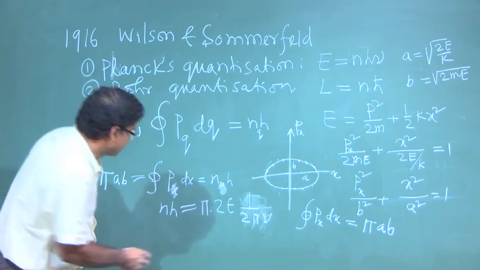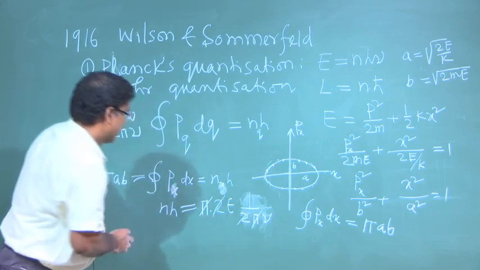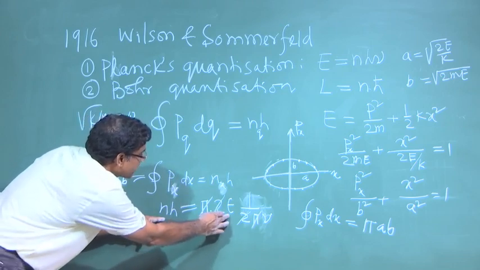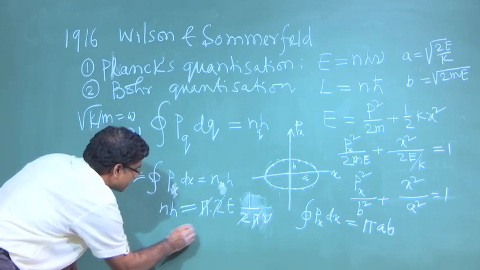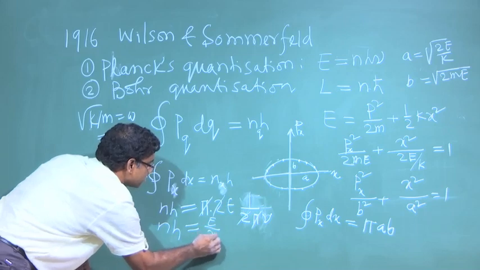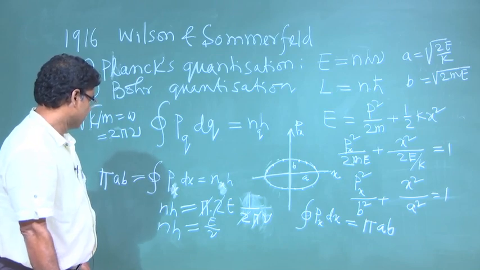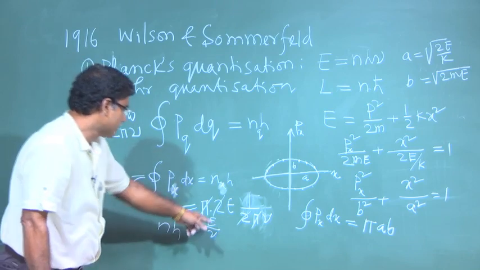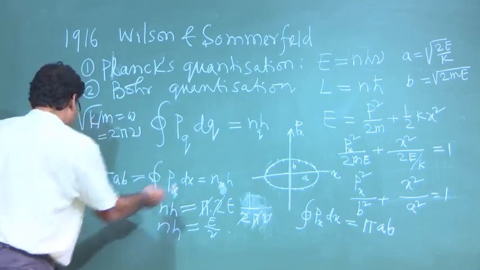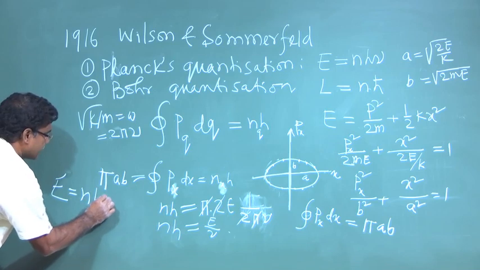From here you can see pi is going and 2 is going, and I am getting n h equal to E by nu. So, from here, E equals n h nu.